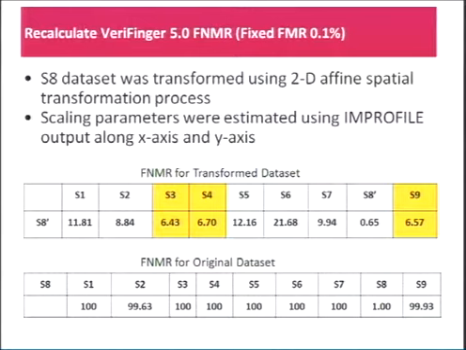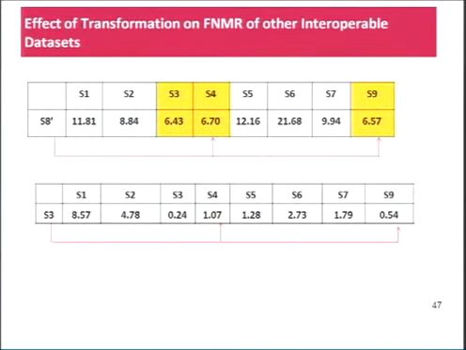The false non-match rate dropped dramatically from 100% for its original dataset to 6.43, as you can see in the table with the yellow boxes. So the S8 prime and S3 dataset actually showed quite a reduction. But the S8 prime dataset also showed a reduction in false non-match rates with the S4 and S9 datasets, which was pretty dramatic.